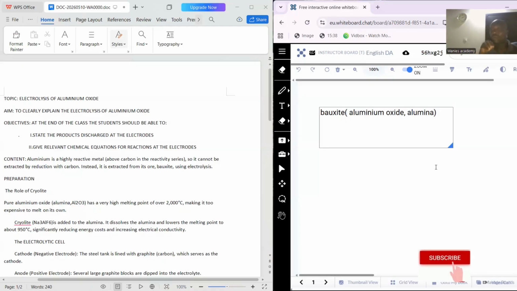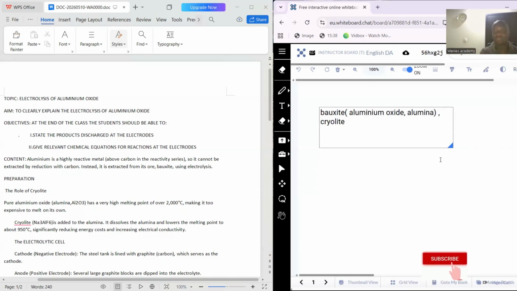That makes it quite expensive to melt. So to reduce the energy cost in melting aluminium oxide, a substance called cryolite is usually added.